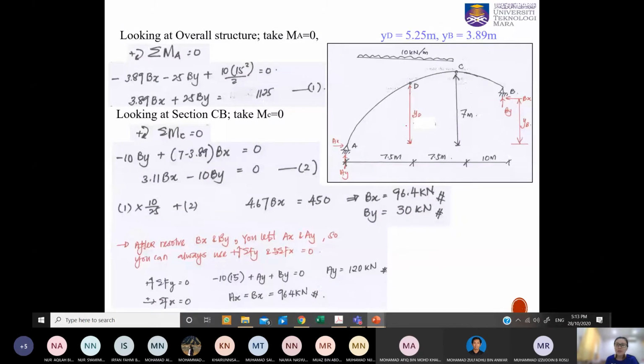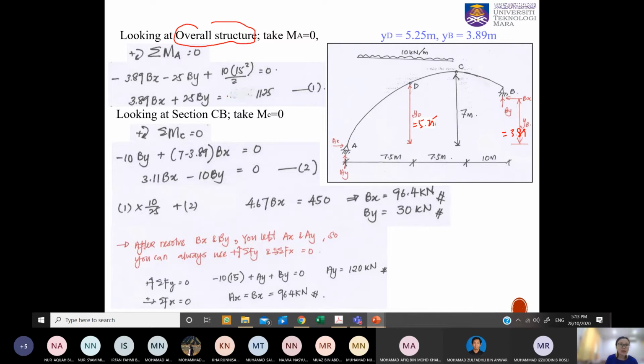For the support reactions, first, you already know YD is 5.25 and YB is 3.89. You're considering the overall structure, with no cut section yet at this stage. A and B are not at the same level, so you will get two simultaneous equations which you need to solve.